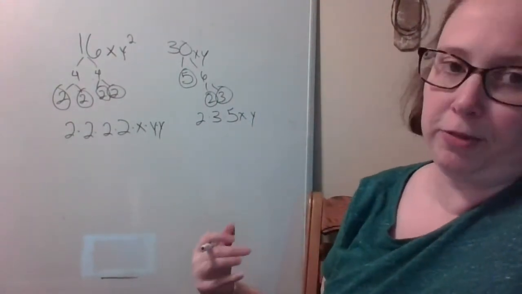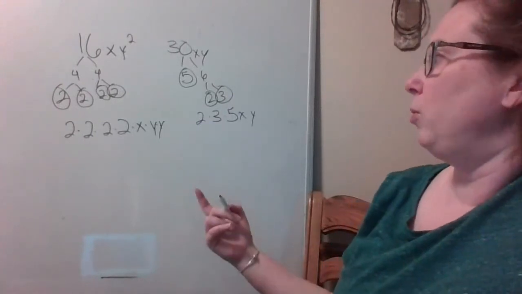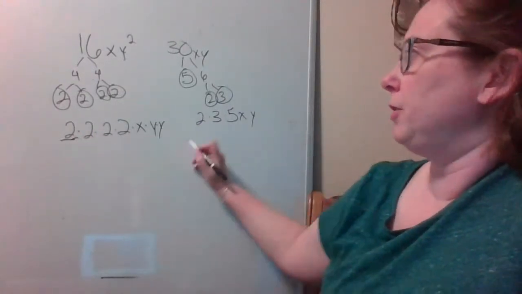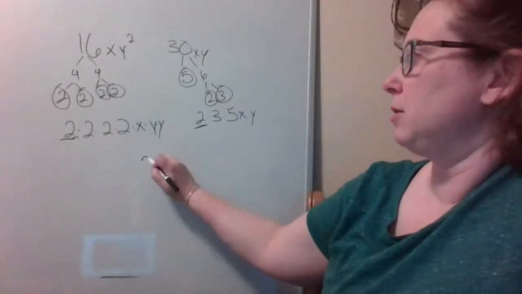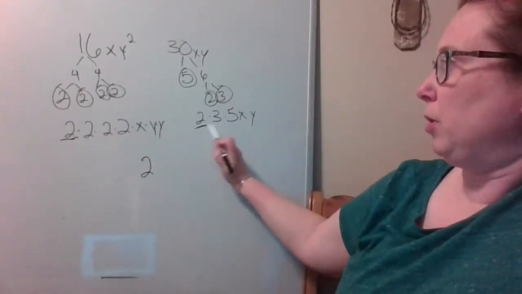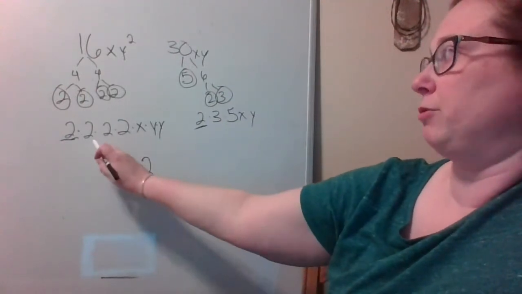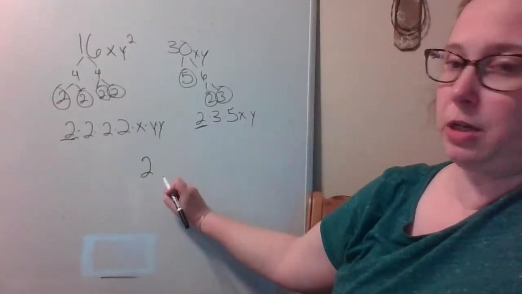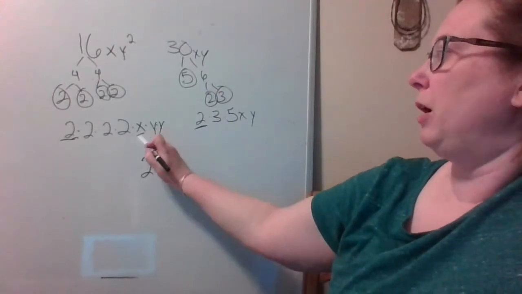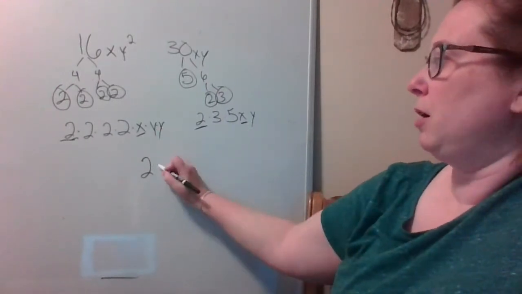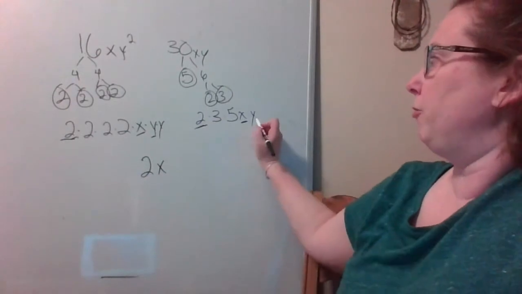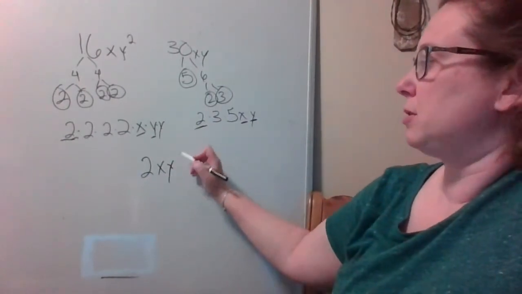So now that we have the prime factorization for these, we can come in and say, okay, well, I have a 2 on both lists. That's it for my numbers. I don't have any 3s over here. I don't have any 5s over here. So our number is just going to be 2. And then I have an x on both lists, and I have one y on both lists.